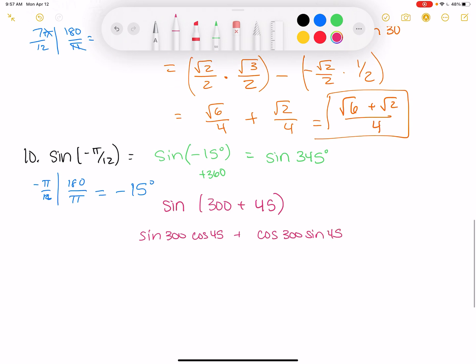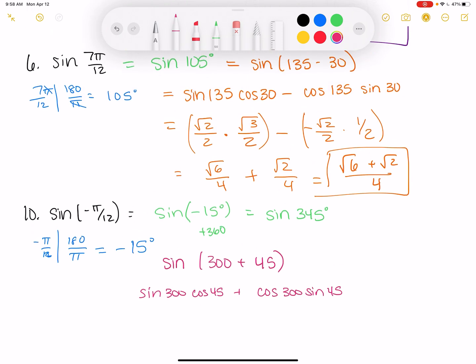Can we not subtract angles, or is it just because we couldn't go below 360? Because we don't know 15. The angle you start with can't be negative.